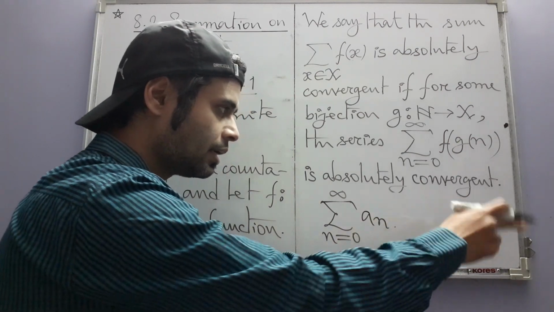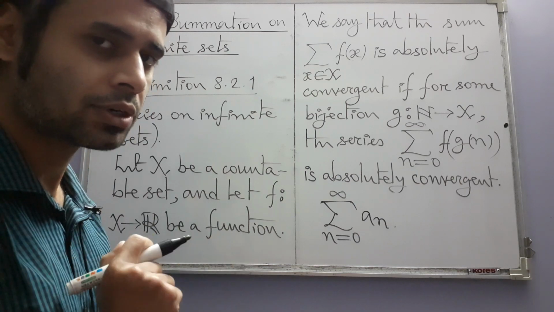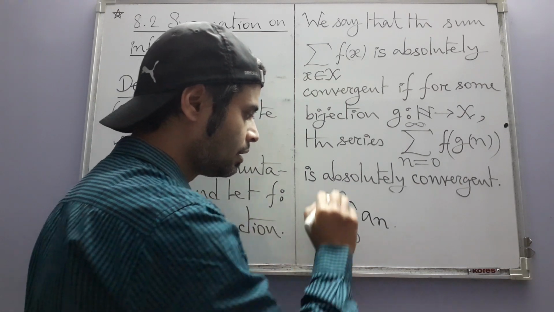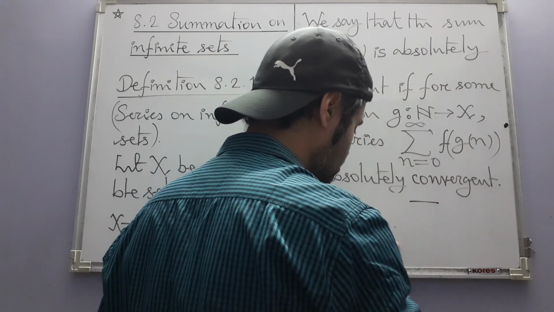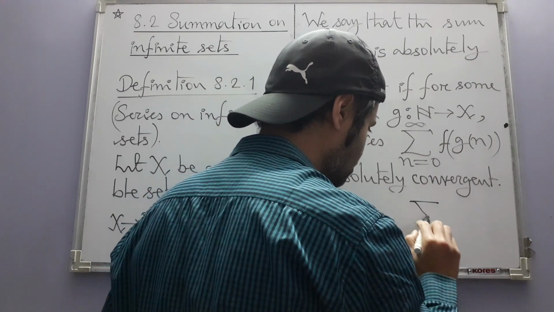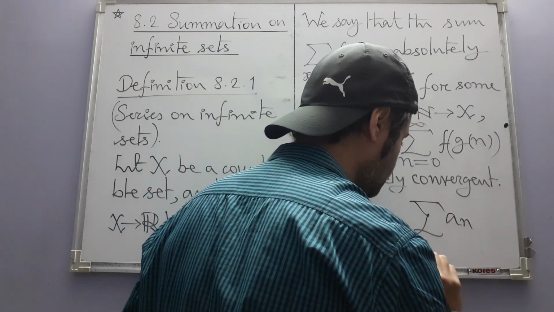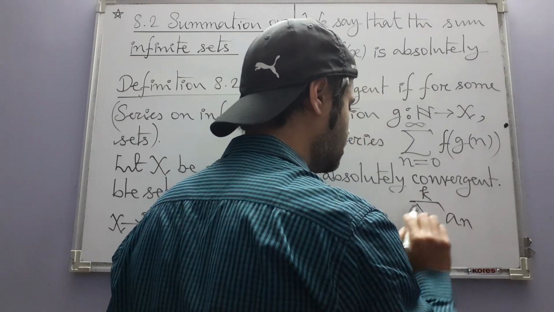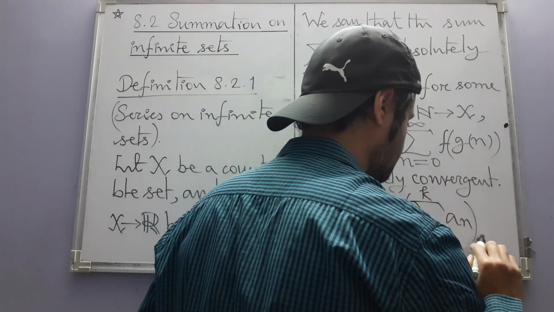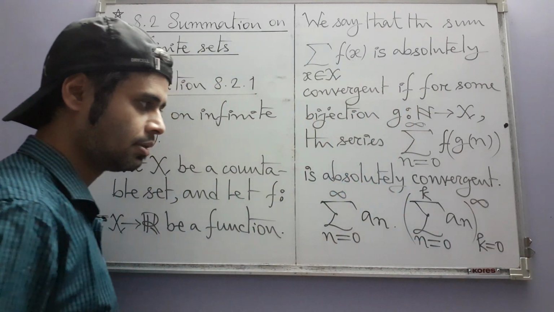a_0, a_1, a_2, this is the sequence of terms appearing in the series, and from this sequence of terms we can construct the sequence of partial sums for this series.